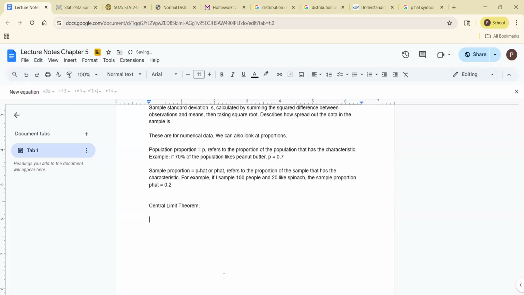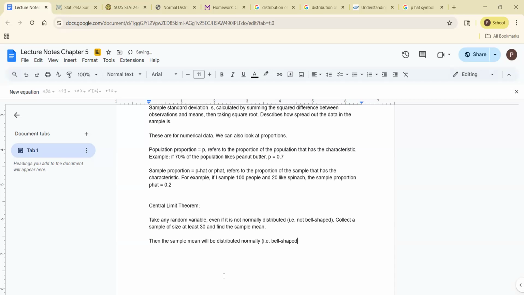The central limit theorem states that any random variable, even if it is not normally distributed, i.e. not bell-shaped, if you collect a sample of size at least 30 and find the sample mean, then the sample mean will be distributed normally, i.e. bell-shaped.